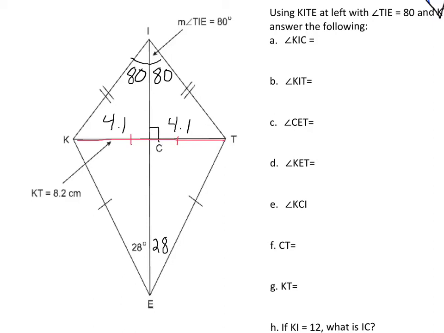So if I start to look at what I need to figure out, I'm looking for angle KIC, which I've already found is 80 degrees, up there at the top. Angle KIT is the sum of 80 and 80, so that's going to be 160 degrees. CET is down there on the bottom right, and I've already filled that one in as well, to be 28 degrees. KET is once again a sum, so 28 plus 28 is 56.